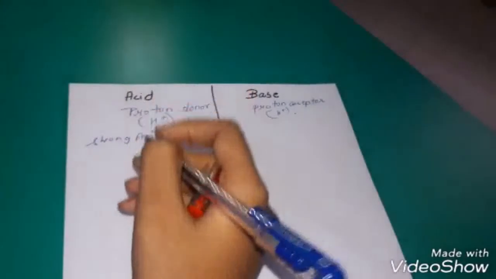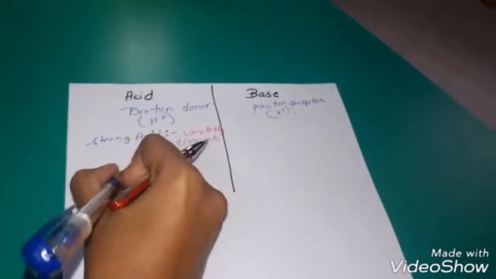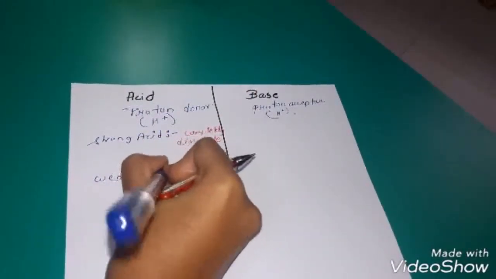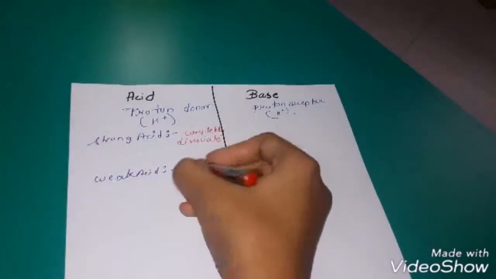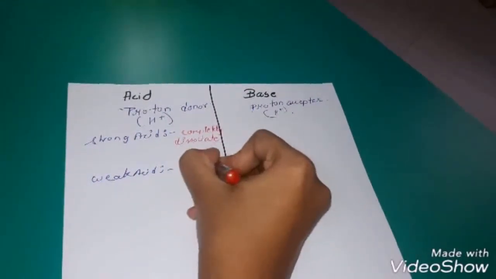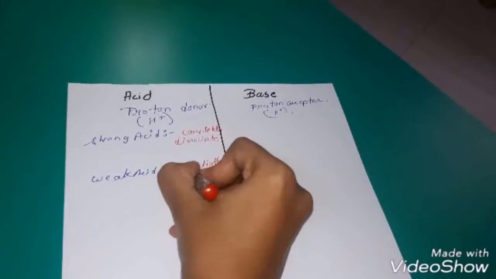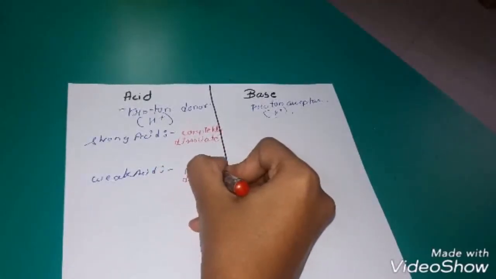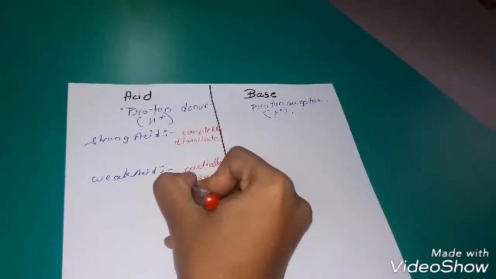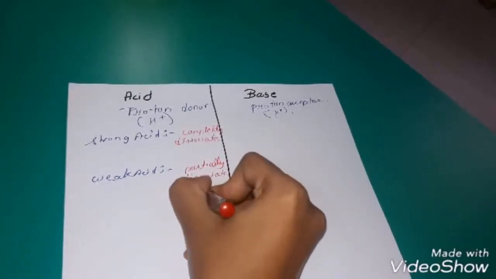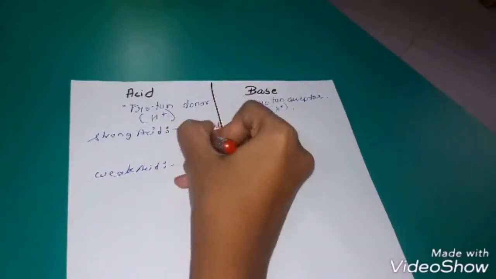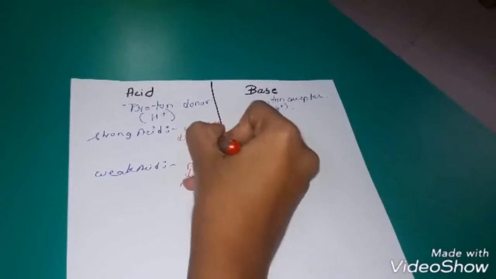And the second one is weak acid. Weak acids are those which partially dissociate in any acidic solution.